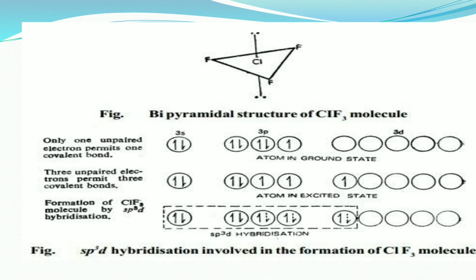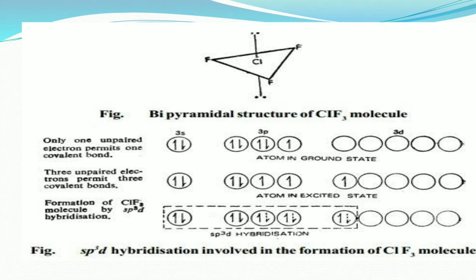Let me learn their hybridization. Here the chlorine has the valence electronic configuration 3s2 3p5 and 3d0. Then what happened here?